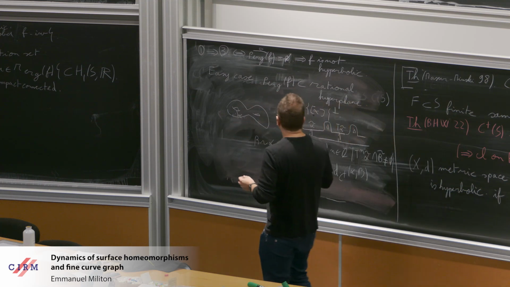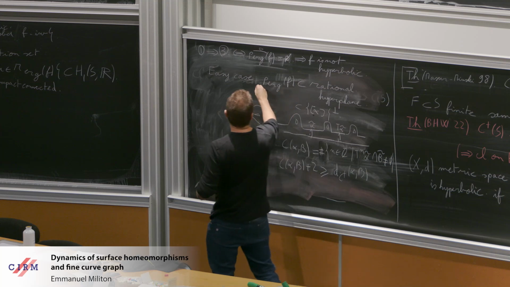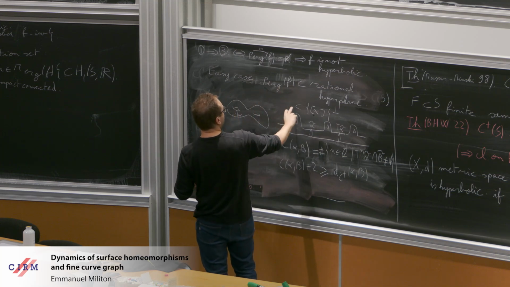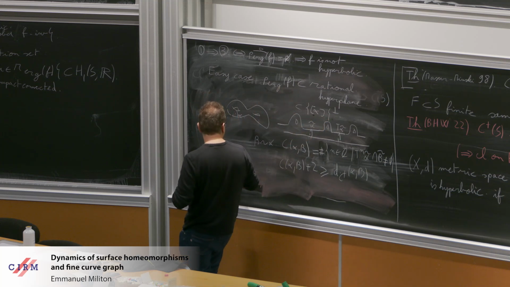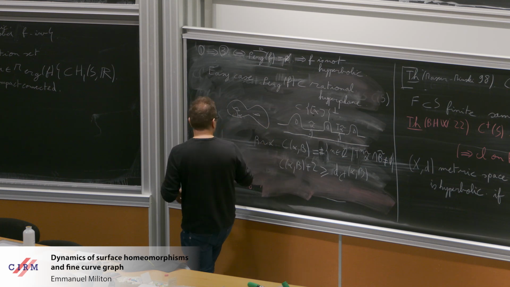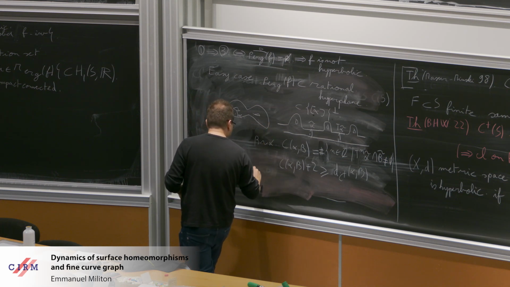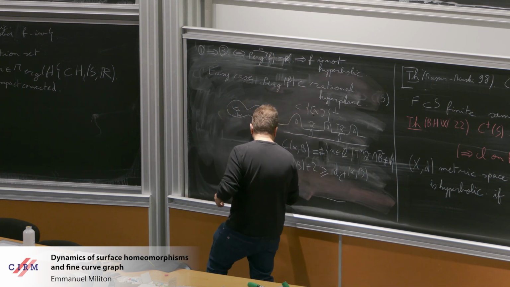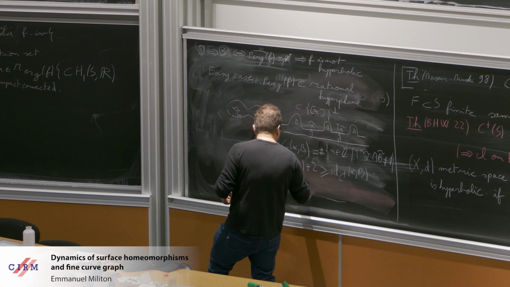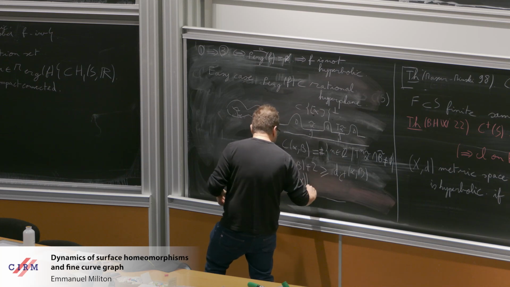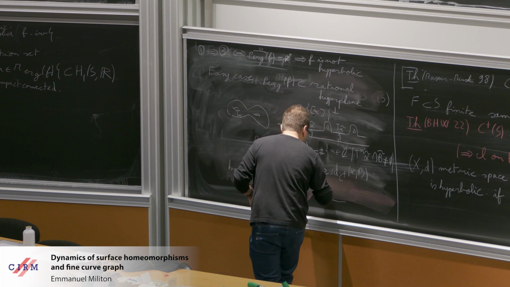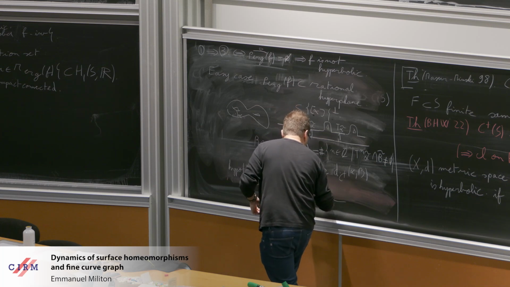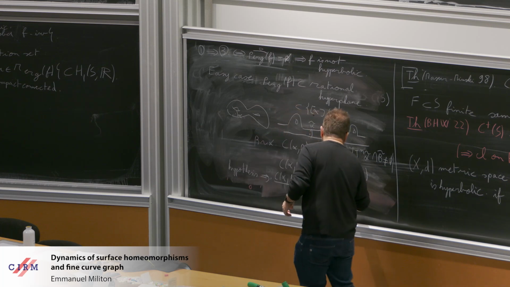And the hypothesis that rho erg of alpha is inside this hyperplane implies, so you have to understand what it means, but basically it implies that this quantity is sublinear. So this implies F is not hyperbolic.